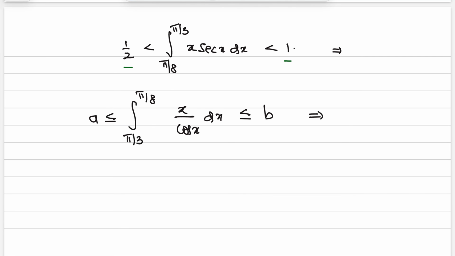That implies you have to multiply the whole by minus 1 so that you will reverse the limits.